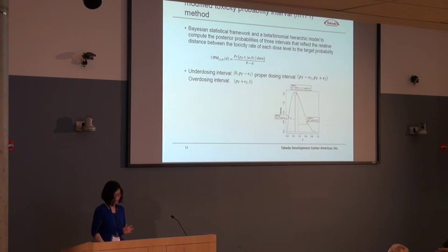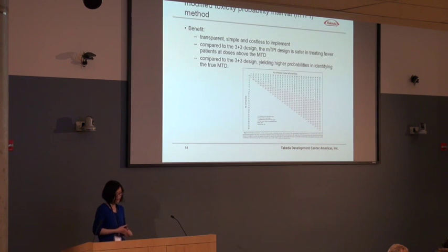I think the beauty of the mTPI method is that model-based designs are more like a black box to the team, as I mentioned before. And before the study starts, you don't really have a good idea about what's going to happen during the course of the study. 3+3, clinicians like it because it's very easy, and they know what to do once they see the number of DLTs, et cetera.